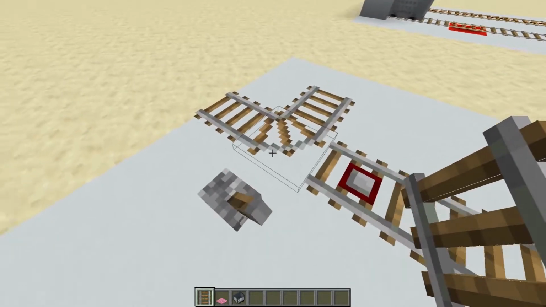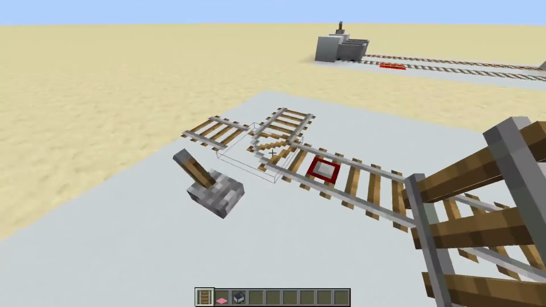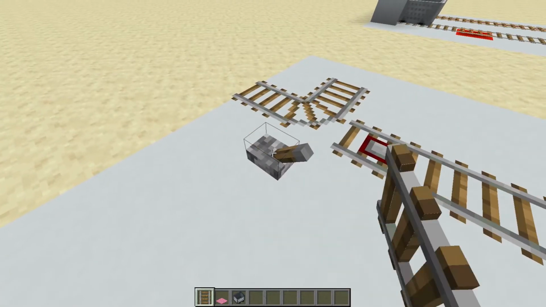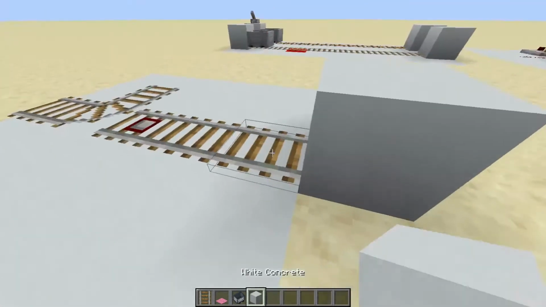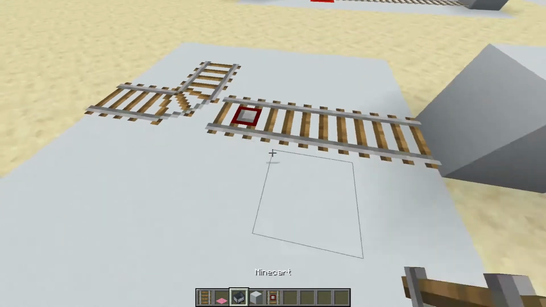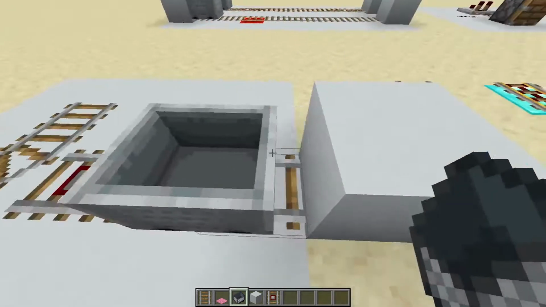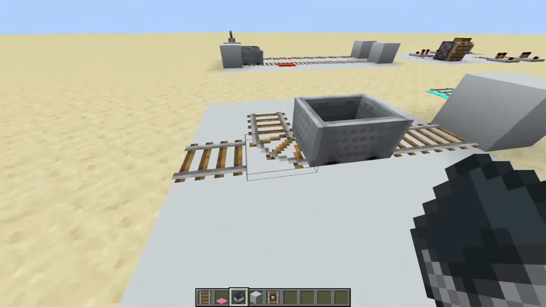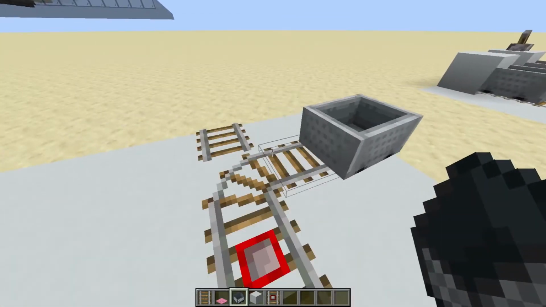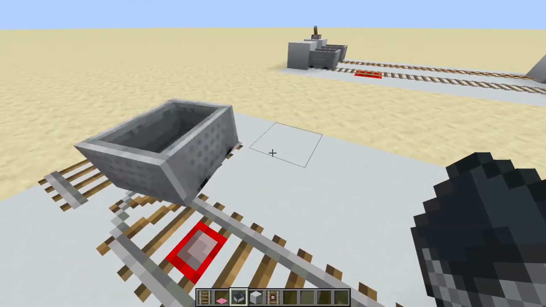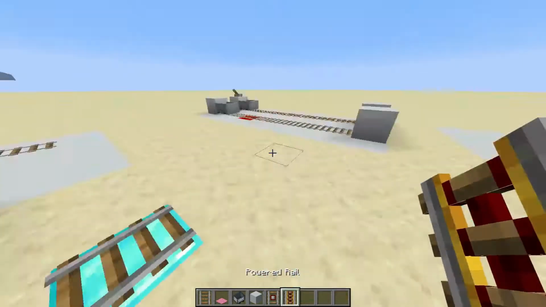You just have to power the rail like that, and it switches the direction that it curves, like that. Most of the time we actually use this detector rail, which we will talk about later, and it also sends out a redstone signal. So you can see that it can change the direction as the minecart moves, like that. So that was the normal rail, and now let's look at the powered rail.